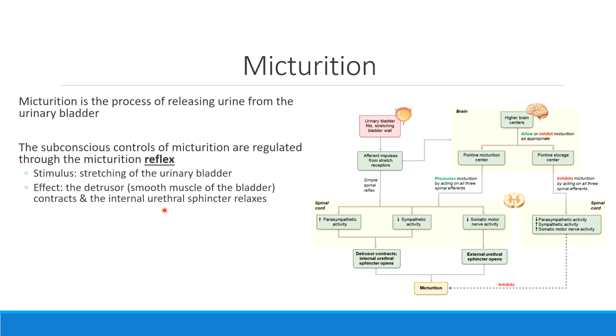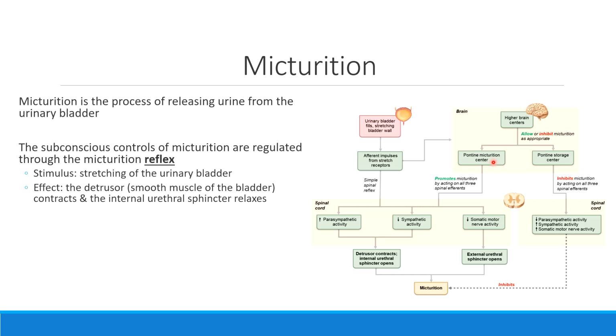The internal urethral sphincter is made out of smooth muscle, as is the bladder. So the detrusor muscle that makes up the bladder and the internal urethral sphincter are regulated primarily by this spinal cord reflex. But remember, we sent some information up to the pons as well.